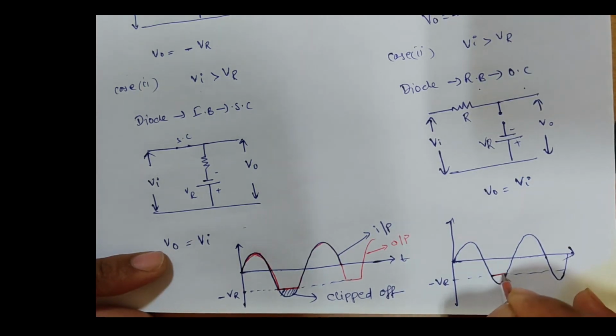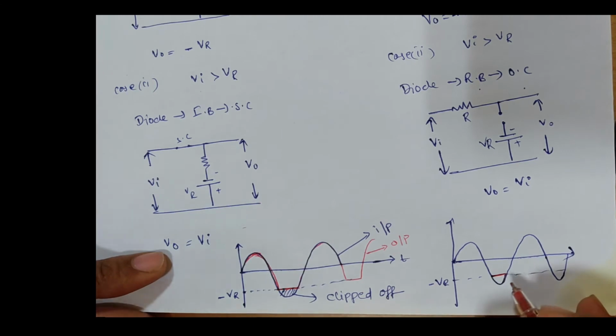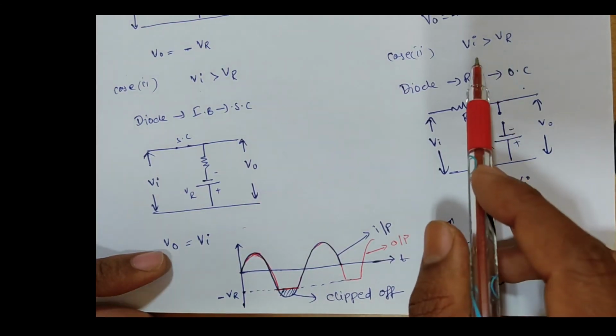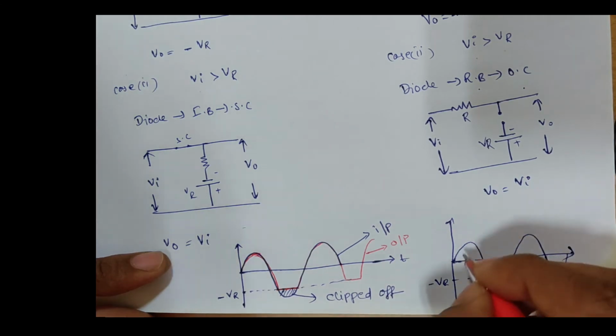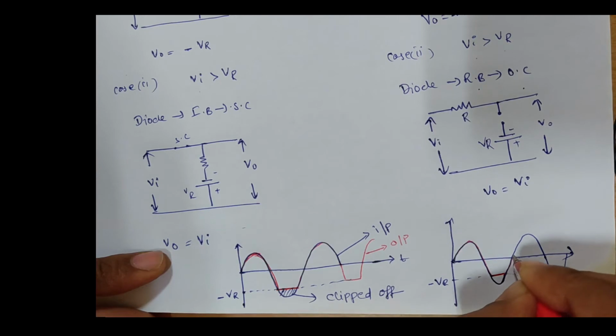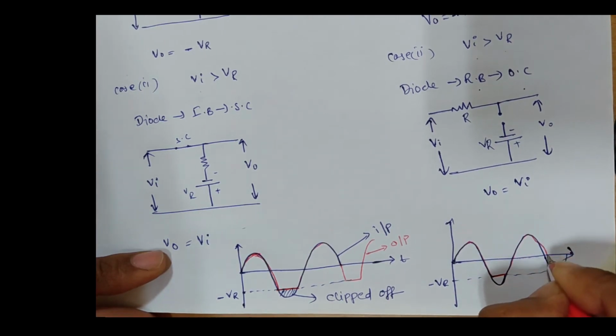When you are applying below the VR level, the output equals minus VR. When you are applying greater than the VR level, then what happens? V0 equals to Vi. So whatever we applied will appear in the output.